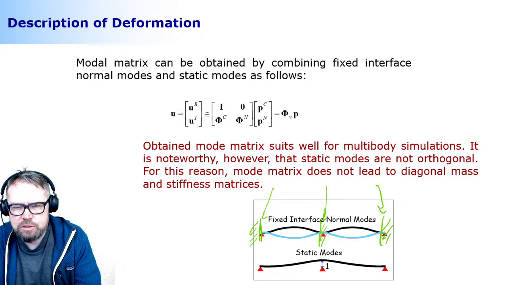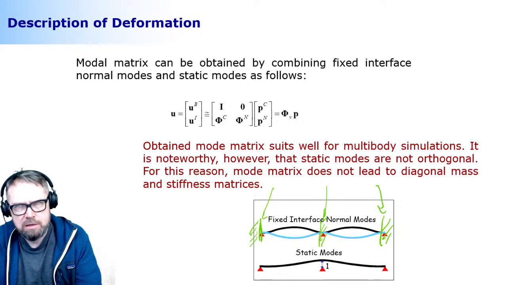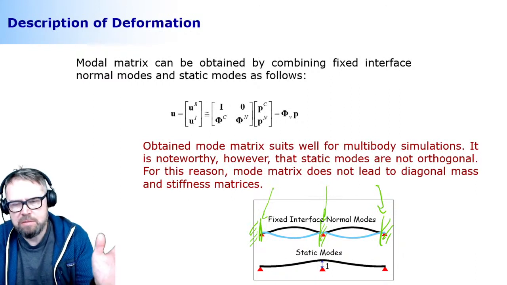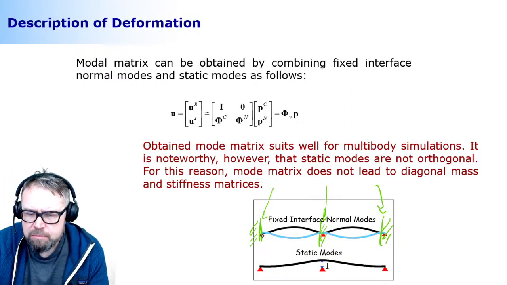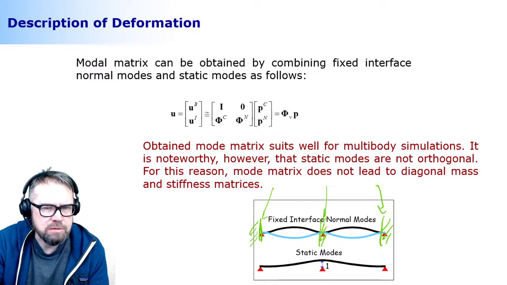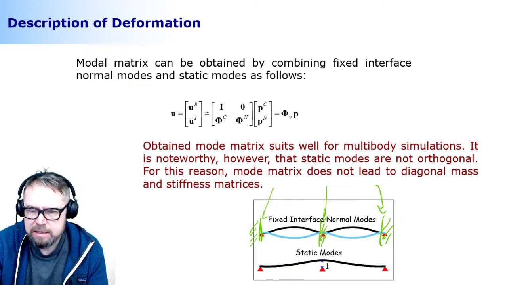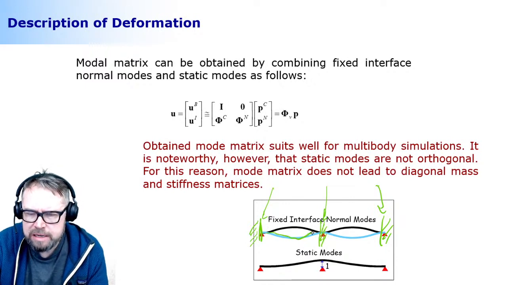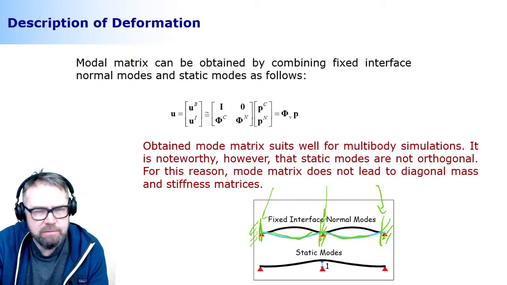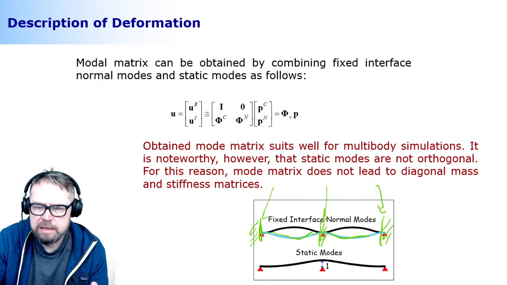My first set of modes is called fixed interface normal modes. What a monster, no need to memorize that. I compute the eigenfrequencies in such a way that each of these boundary degrees of freedom is attached to ground, so they're fixed to ground, and the rest of the degrees of freedom can fluctuate based on the eigenvalue analysis.